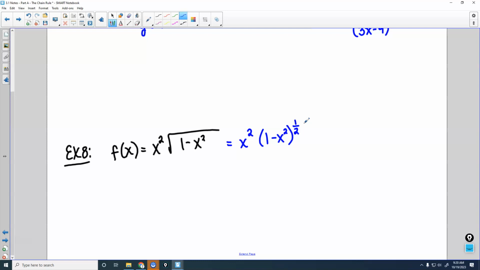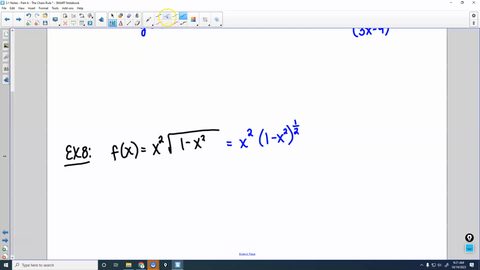So what is the outside for this one? X squared over 2. It is not going to be that way. What? No. This one is a problem that requires more than one rule.